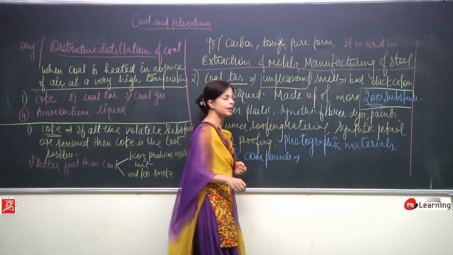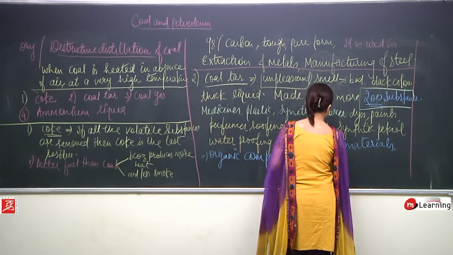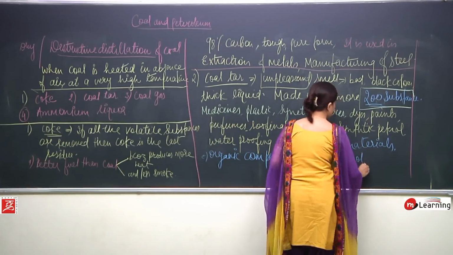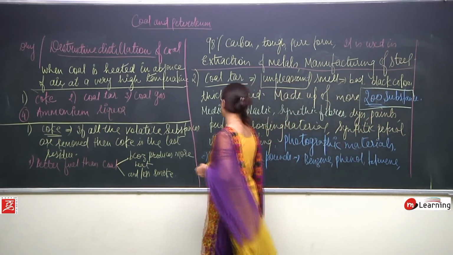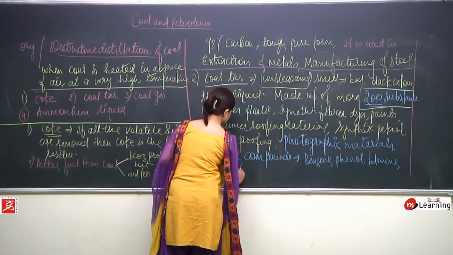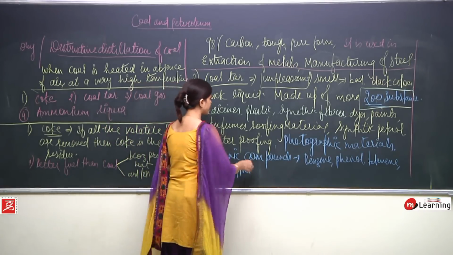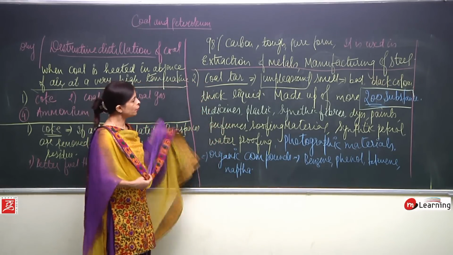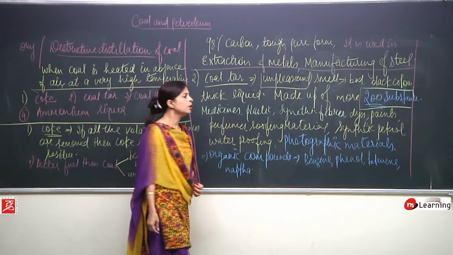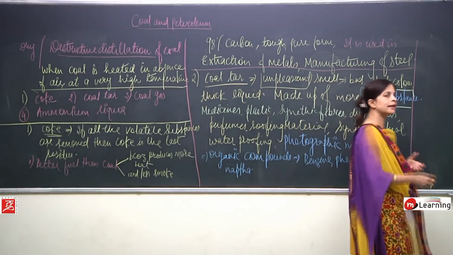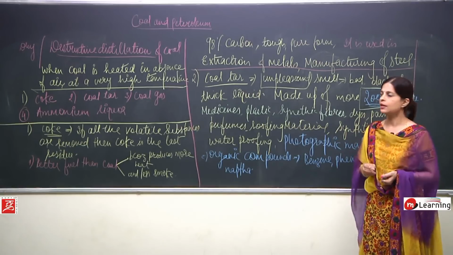From this, benzene is formed, phenol is formed, toluene is formed, naphtha is formed. So all these things are formed from the coal tar, and these substances can again be used in manufacturing various products.